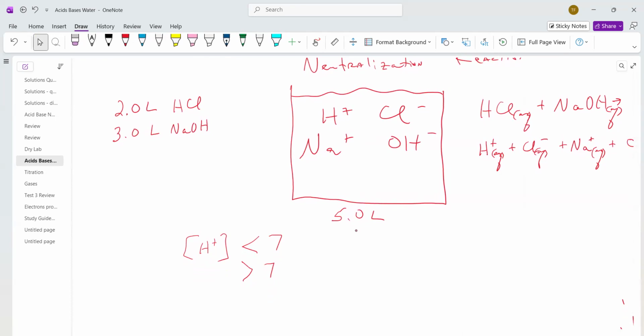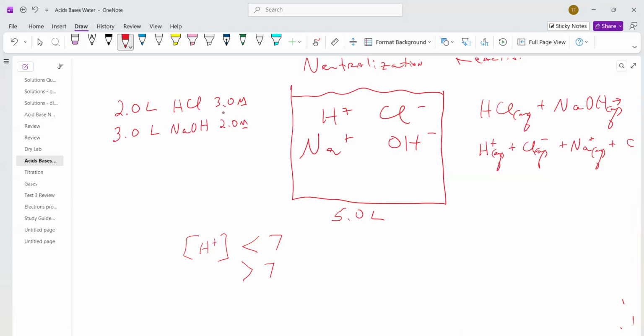Say these are 3 molar. Well, let's make it different here. Okay, so we got a stronger acid than base, but we have less of the strong acid than base.